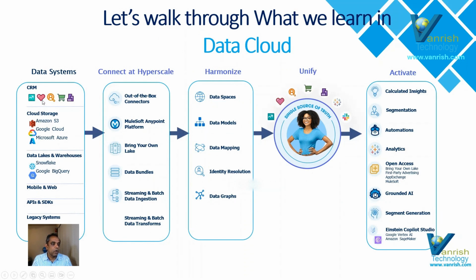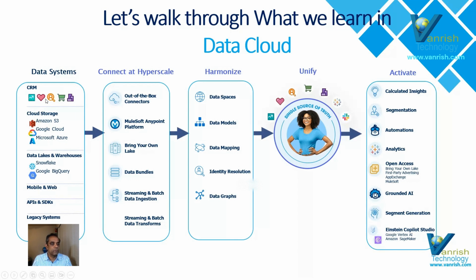On the left-hand side is the set of data we are connecting, whether it is cloud storage, a data lake or warehouse, mobile data, API, legacy system, or CRM data such as Marketing Cloud or Sales Cloud.